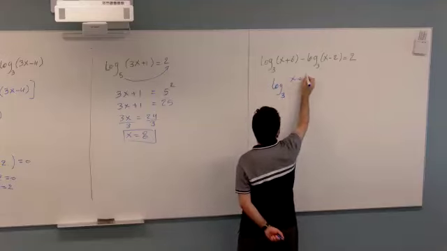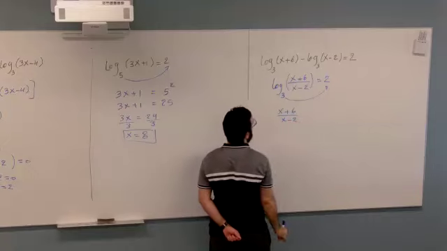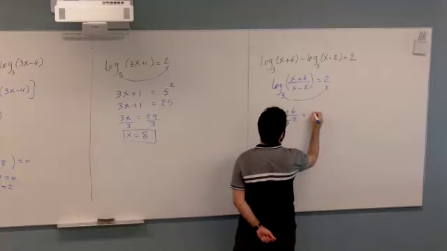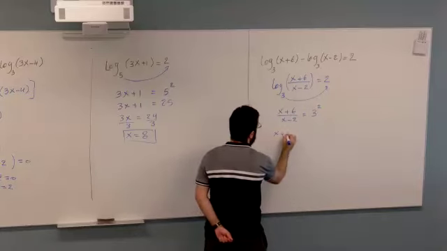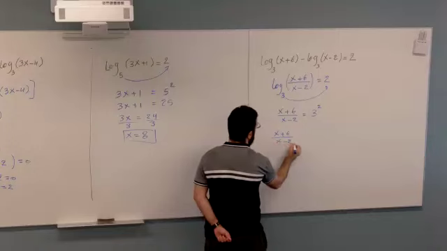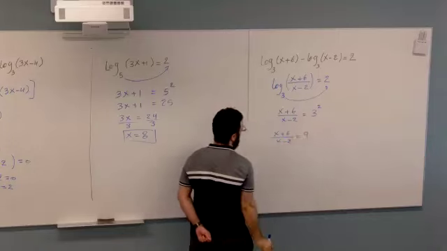I have log on one side. That's the same thing we did here. I'm just going to move the base here, convert it from the logarithm form to the exponential form. So by moving the base, we're going to get x plus 6 over x minus 2 equal 3 squared, which is 9.